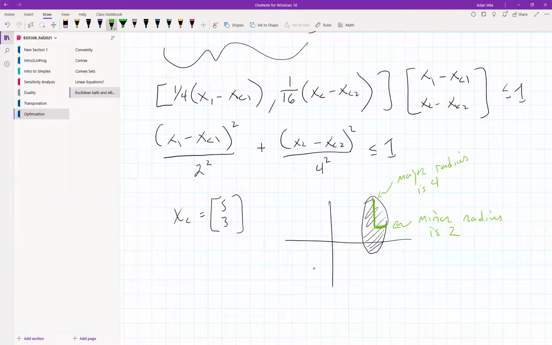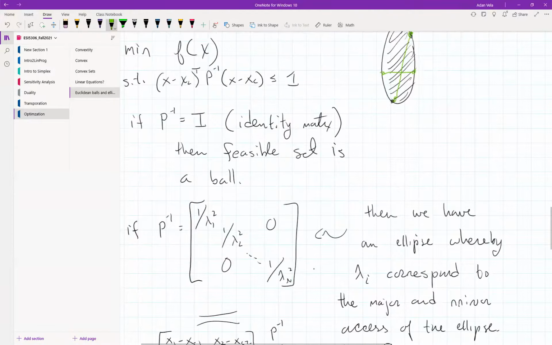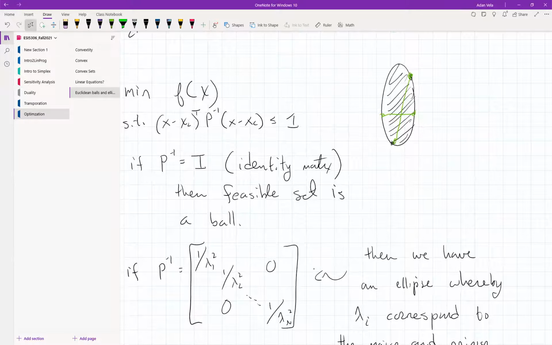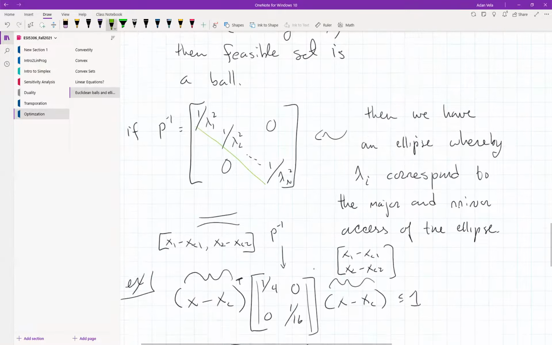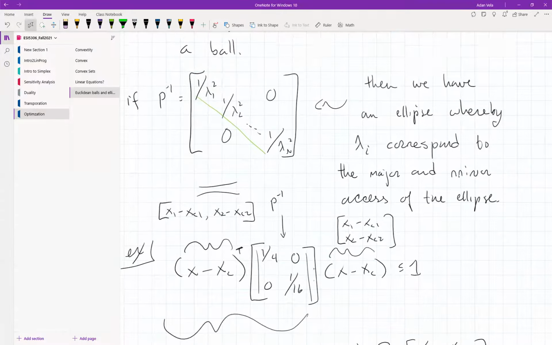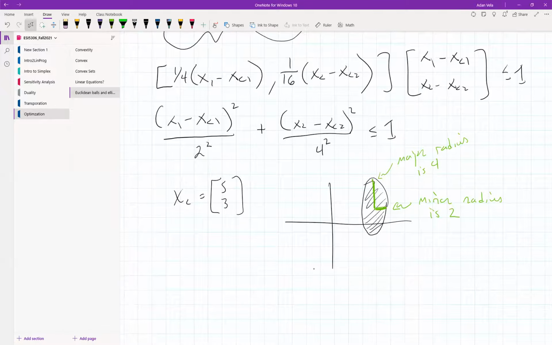Okay, so where we started off was some quadratic equation where we are multiplying it times P in the middle, right? And again, the diagonal values, which are related to the eigenvalues, had a correspondence with the major and minor axes of the ellipsoid.